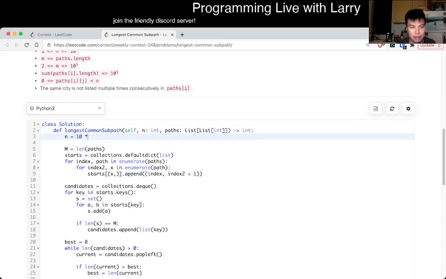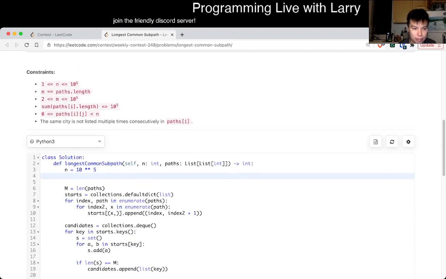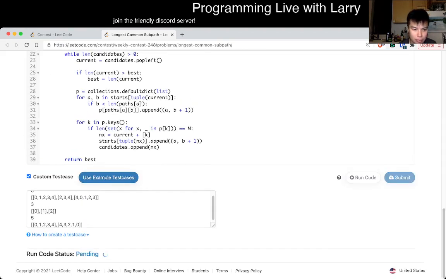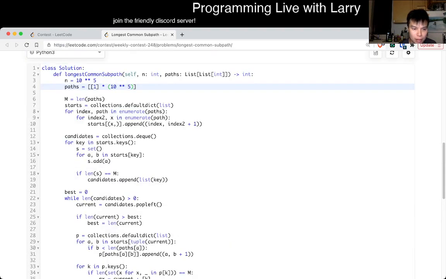Let's do a test case. That probably is not the answer though.